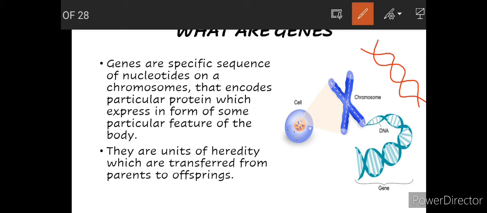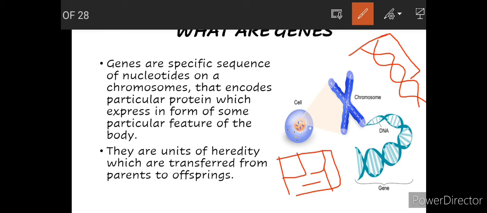Like in a map, we know that it has a bathroom, a bedroom, a kitchen, a dining room. Like that, our DNA encodes some features, like how tall I will be, or what the color of my eyes is. So this part will encode that feature. A specific part which encodes a specific feature of the body.